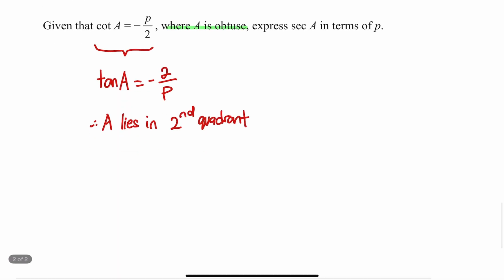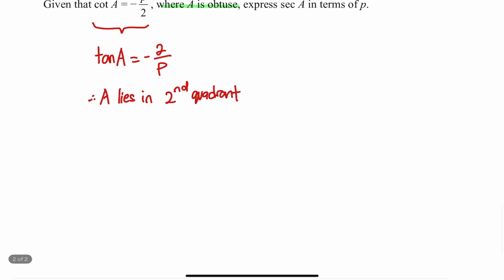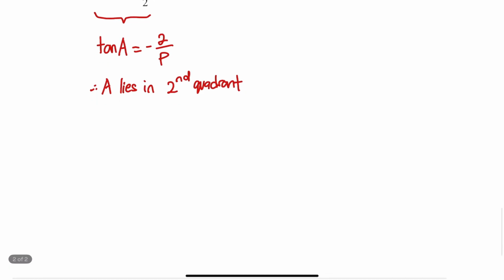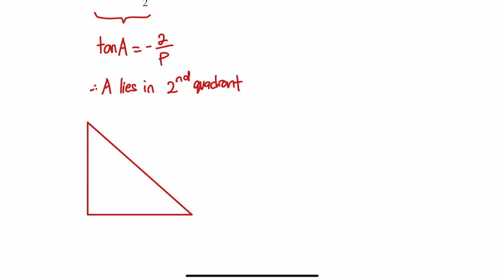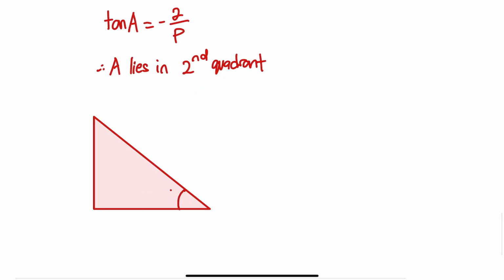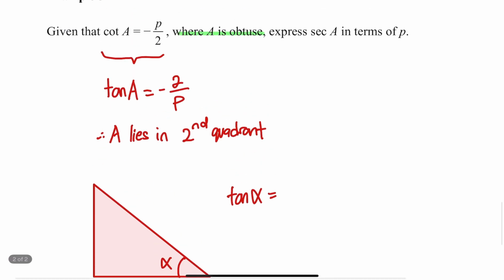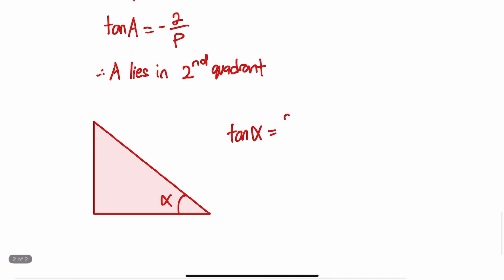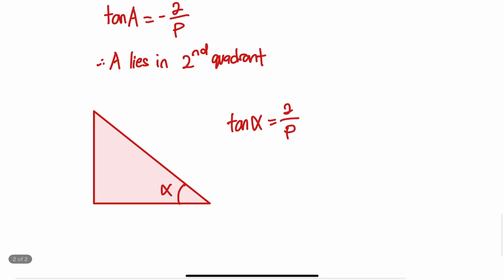So if I go back to drawing the triangle out first, in the second quadrant here, I draw out the right angle triangle. This is my reference angle. Tangent alpha, in this case, is 2 over p. So, opposite over adjacent, this means that this is 2 over p.